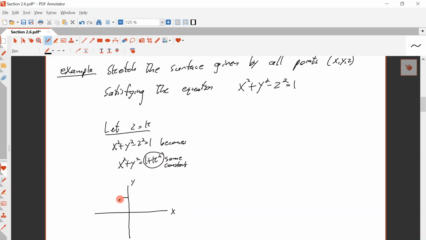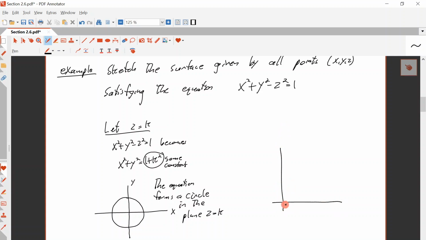I have a circle. x and y form a circle. So the equation forms an ellipse, or a circle, it's just a circle in this case, forms a circle in the plane z equal to k. All right, so in 3D space, it looks like this. Here's the plane z equal to k.